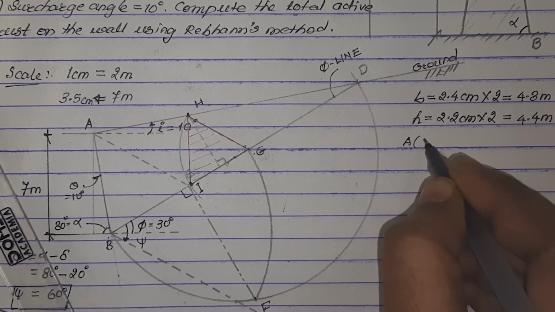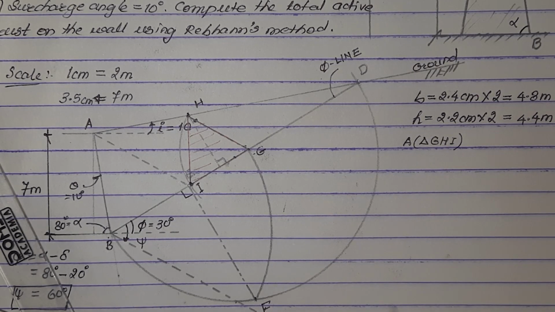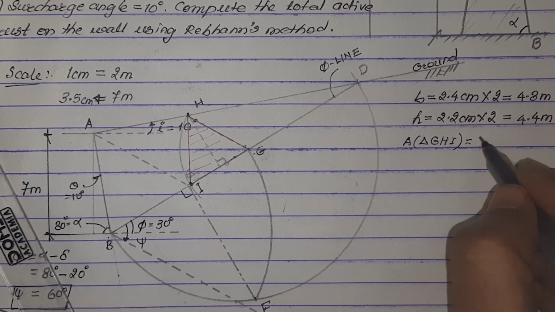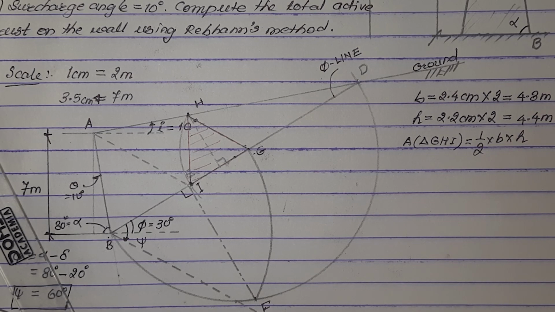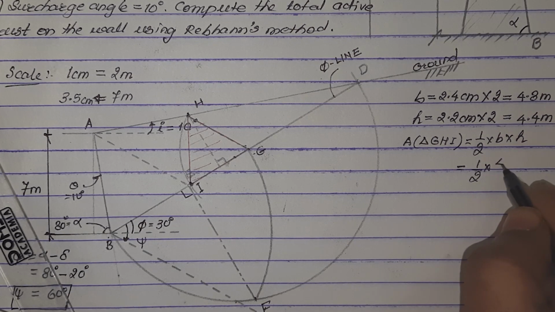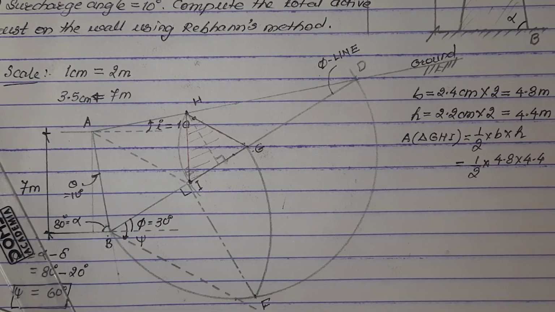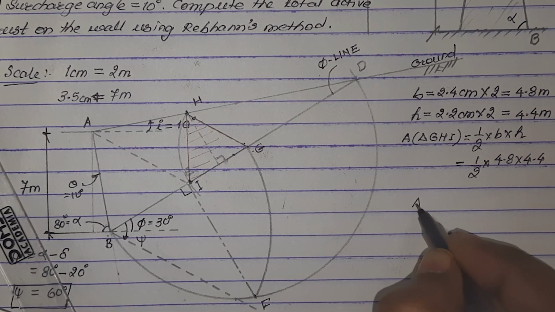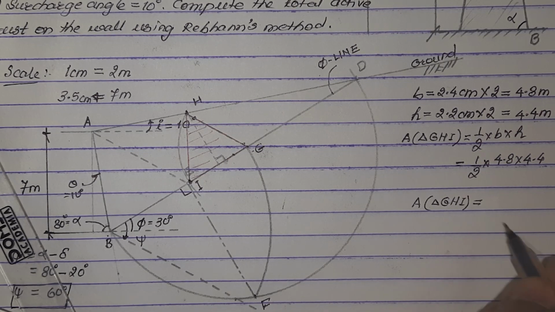So area of triangle GHI is equal to half base into height. This is equal to half base is 4.8 meter and height is 4.4 meter. Therefore, area of the triangle GHI comes out to be 10.56 square meter.